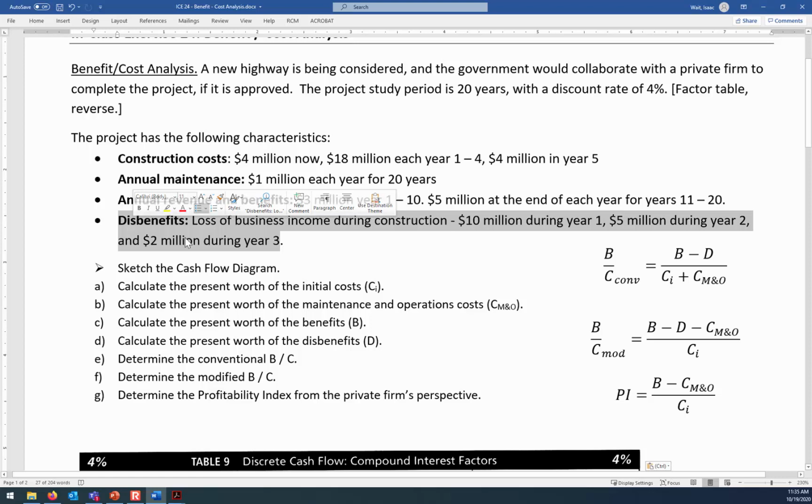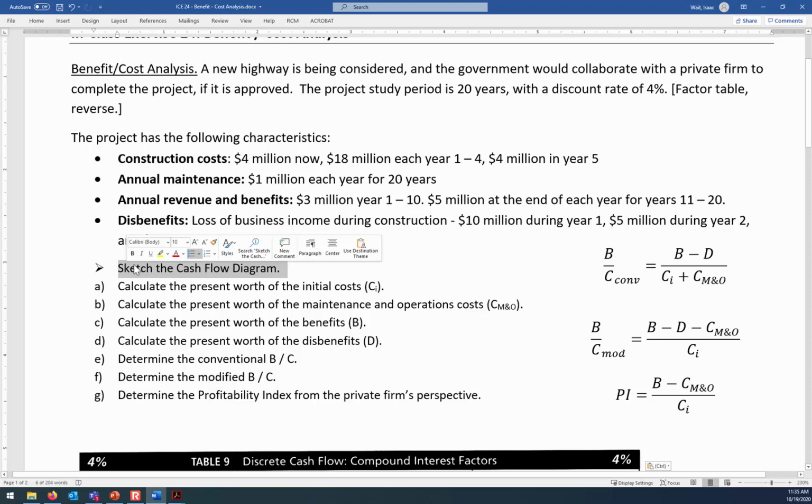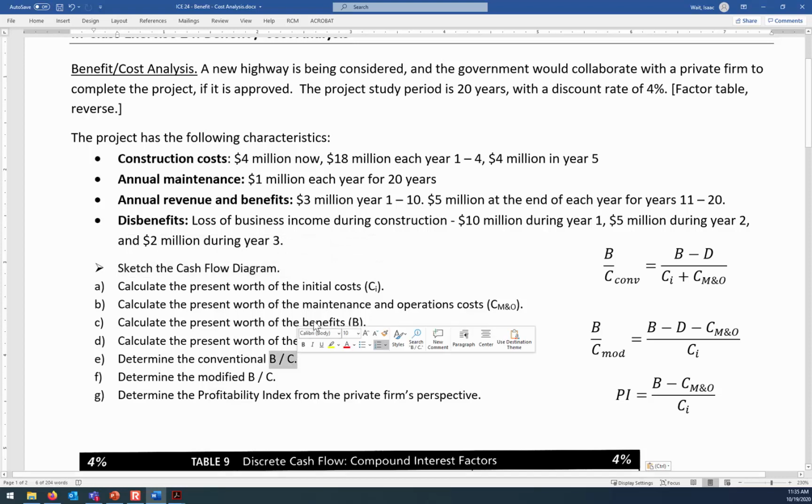So my suggestion initially is that you sketch out a rough diagram to give you an idea of each one of these cost components. And then you can see A through G, I'm just stepping you through the process of determining all of the things you're going to need to calculate the B to C ratio. So find the present worth of the initial cost, the present worth of maintenance and operation, and so on and so forth.